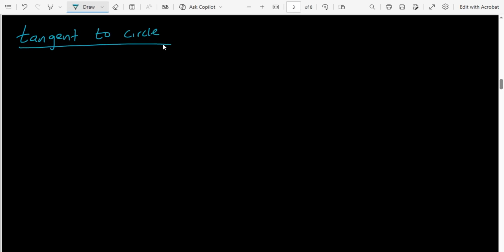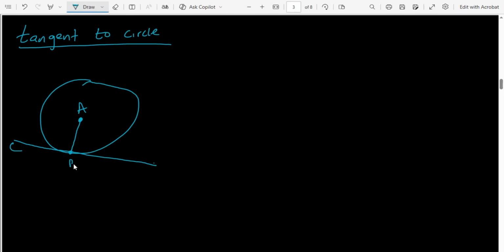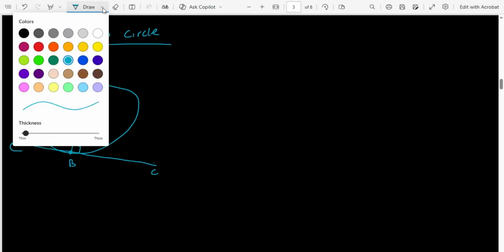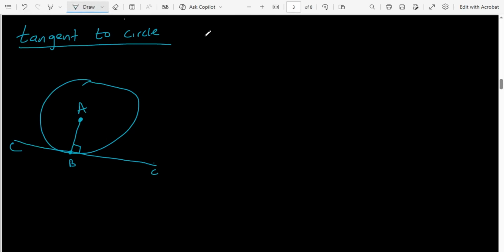So let's say that I have a circle like this, and this is my center A. Remember that a tangent is a line that touches the circle at one point. So if this is A, C, B, D, this is 90 degrees. The reason we are going through this is because there's something that I need to explain to you and make sure that you still understand the concept.